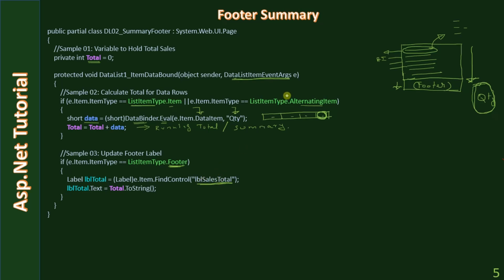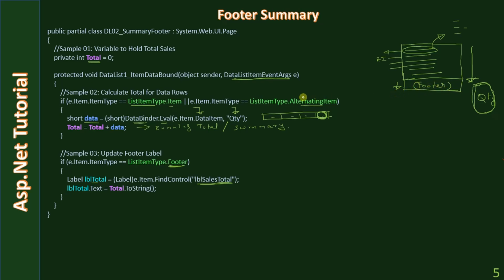That's what we are finding from the event argument that is passed to this ItemDataBound event. So if you see, we are converting that to a label and storing that in the label control lblTotal. Finally, we are making use of lblTotal.Text equal to total, which we already calculated, and we are converting that to string and displaying that. So that's all. Here we will be displaying the running total.